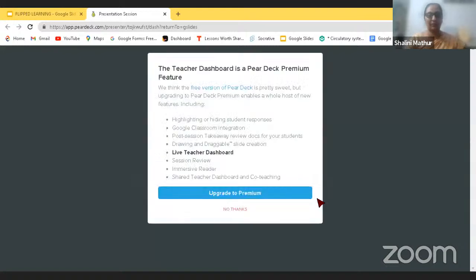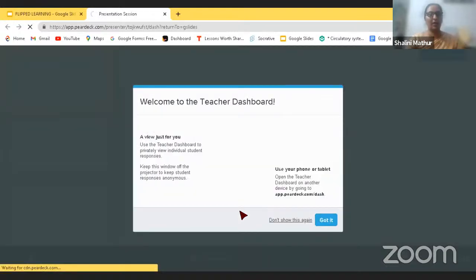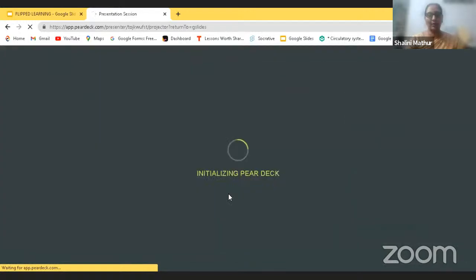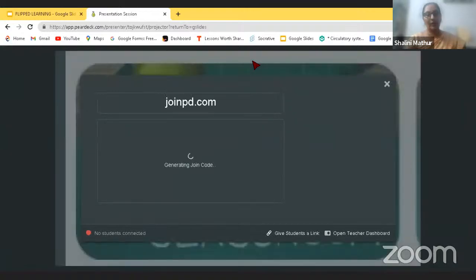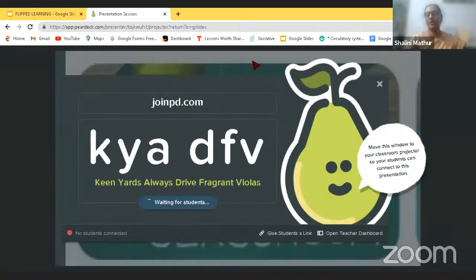Okay, so here you can see, it is now installing Pear Deck. Okay, so this is the code by which you can join with the Nearpod.